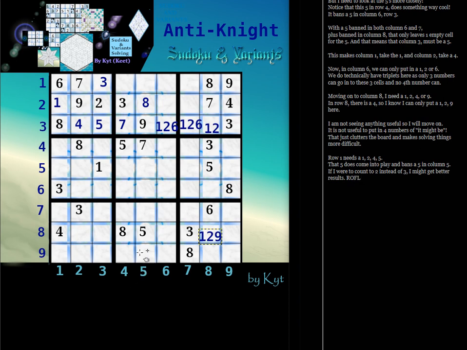Okay. A 5 in column 5 bans the 5. The 4 bans a 4 in column 7.